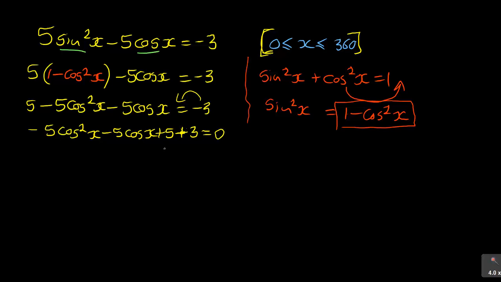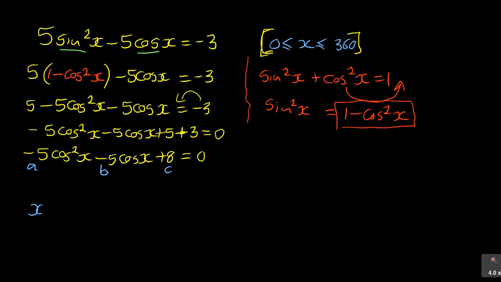So you've got minus 5 cos squared x minus 5 cos x plus 8 is equal to 0. Now it's up to you how you want to do it. You can get rid of that negative and distribute it, or you can leave it like that and say this is your A, your B, and your C. And you know what I'm doing? I'm now substituting in the quadratic equation.